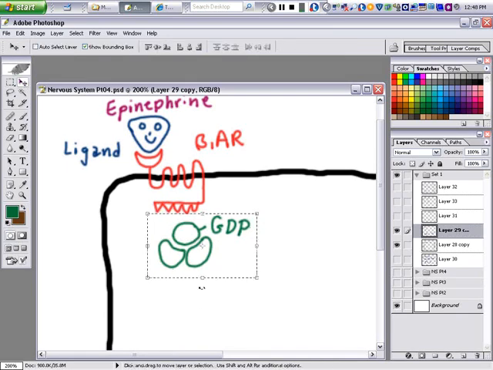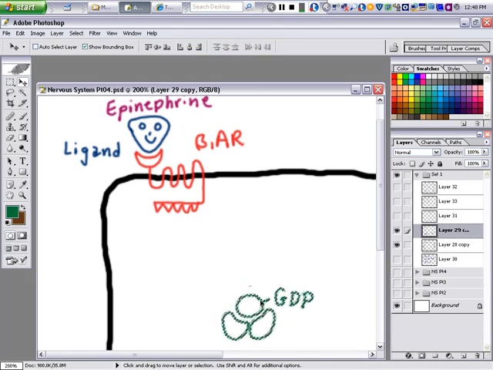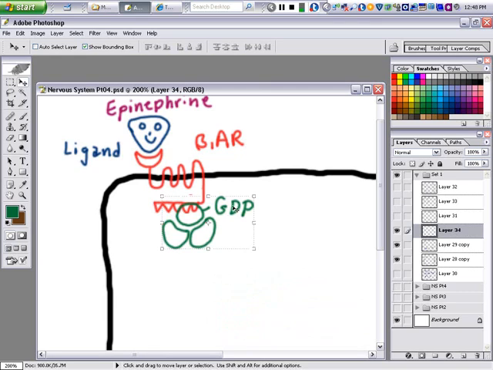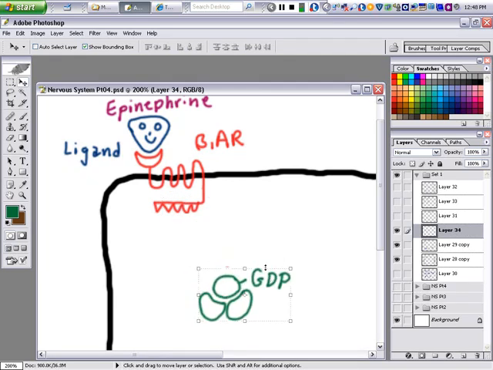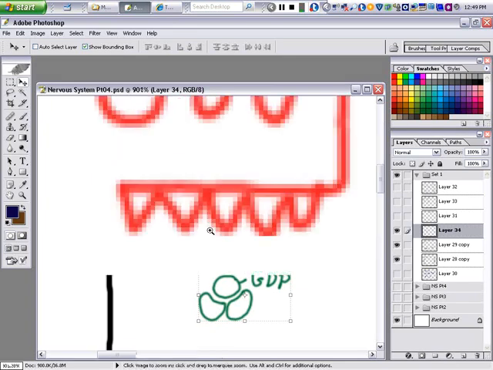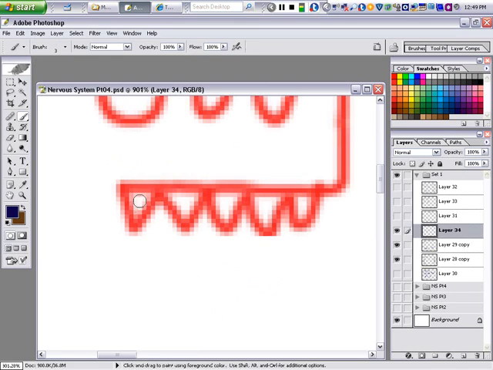Okay. And so before epinephrine binds, you just have GTP in the cell. You have this trimeric protein with GDP attached to it. Now when epinephrine binds, it's going to change this part of the protein on the inside, and this part of the protein is going to be telling the trimeric protein, I'm activated now.